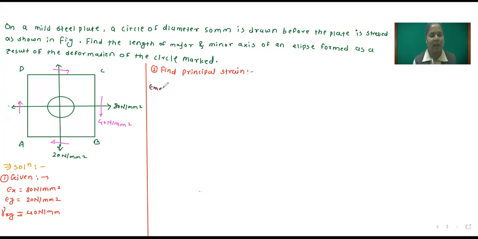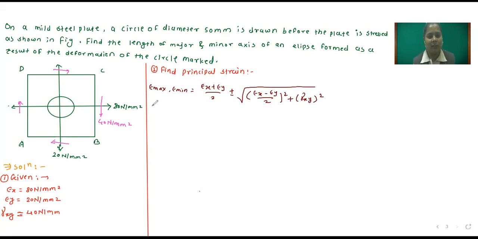So epsilon max, epsilon minimum, which is equal to, our equation is (epsilon x plus epsilon y) by 2 plus minus square root of ((epsilon x minus epsilon y) by 2) bracket square plus gamma xy square. Now we will put values here.